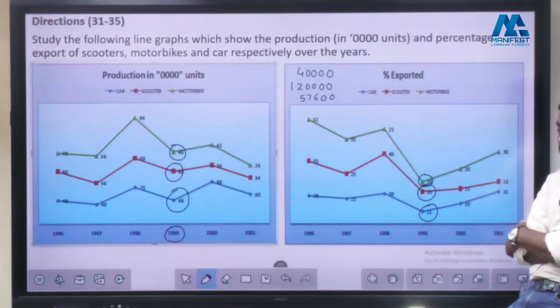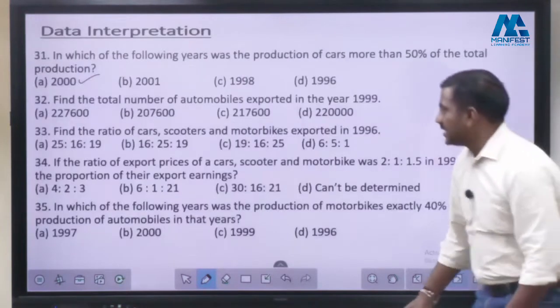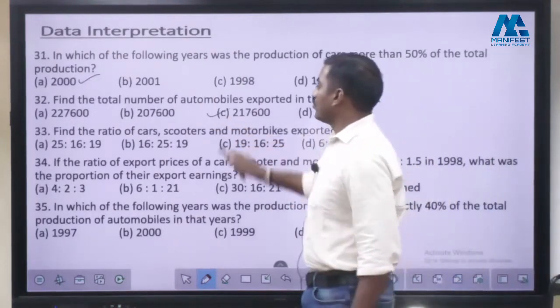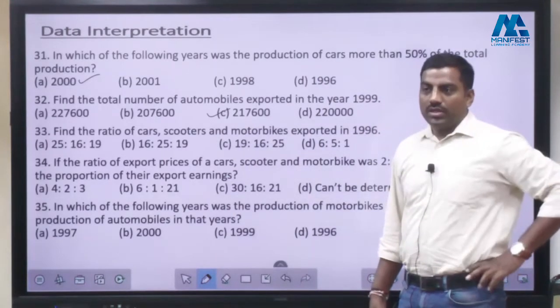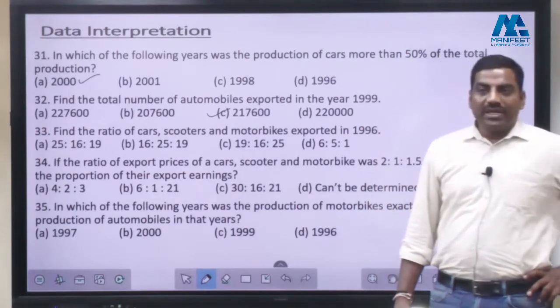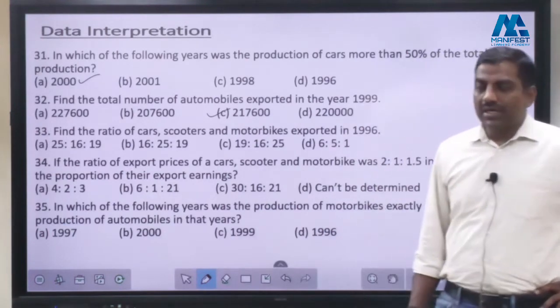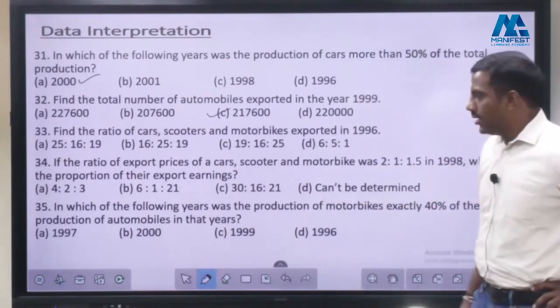It will be what? 2,17,600. 2,17,600. Yes or no? See here, for every different segment, car, motorbike and scooter, you have to find out the export separately. Done?